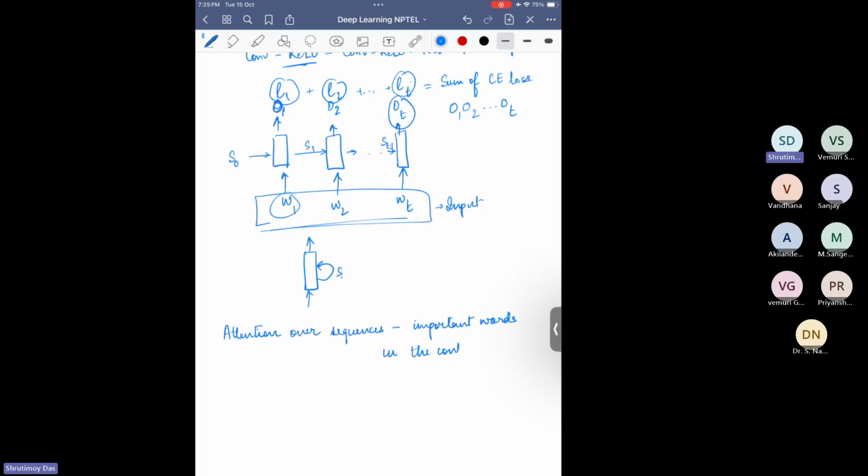For sequences, it is whatever words we have seen beforehand, say at time t minus 1 or t minus 2 and so on. But for attention over images, this is an attention over locations in the image.